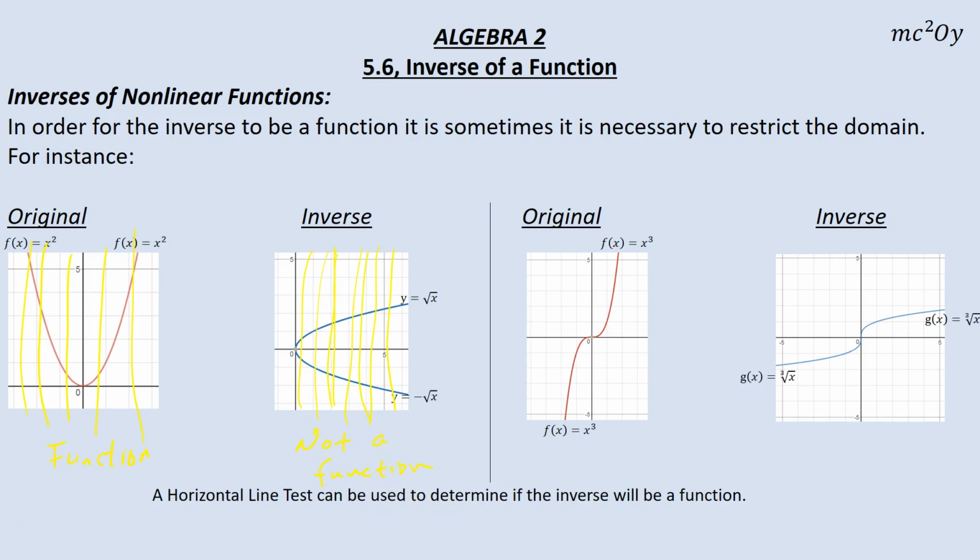Okay, f of x equals x cubed. Well, you know, it passes the vertical line test. This is a function. Well, its inverse, the cube root, also passes the vertical line test, so it is also a function. So really, the ones you need to be concerned about are your even roots.